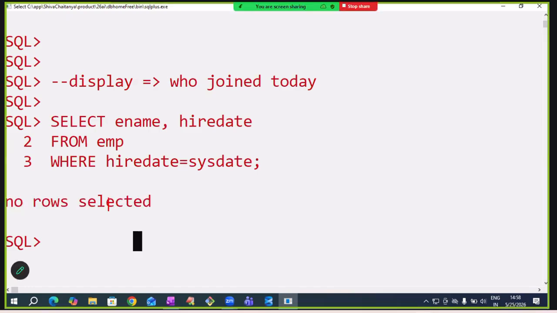Why am I getting no rows selected? Because in the EMP table, I inserted the record on 25th May 26 at 2:53. Now the current system time on 25th May 26 is 2:58.